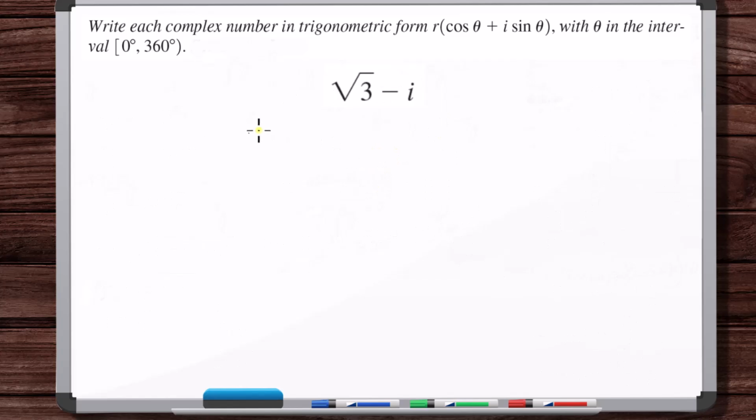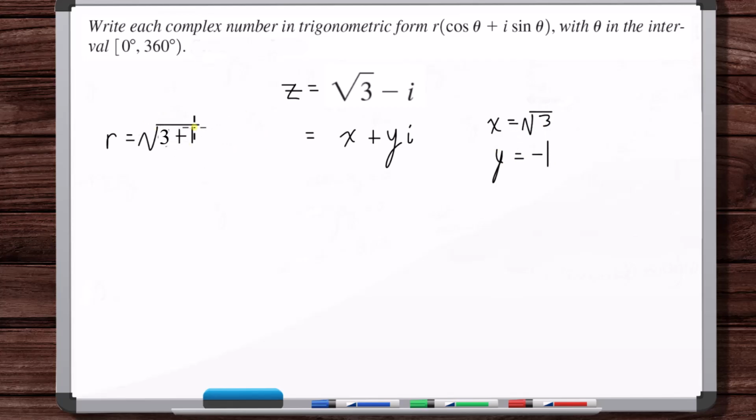Okay, so let's see. We can see that x plus yi, so x is root 3, y is minus 1, so r is equal to, we've got 9 plus 1, so r is equal to root 10.